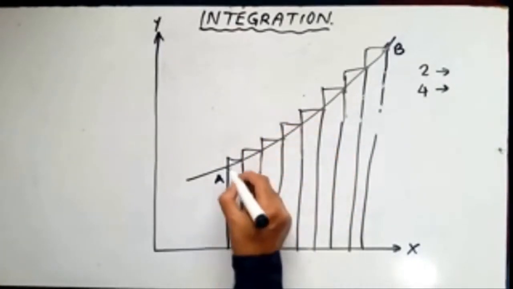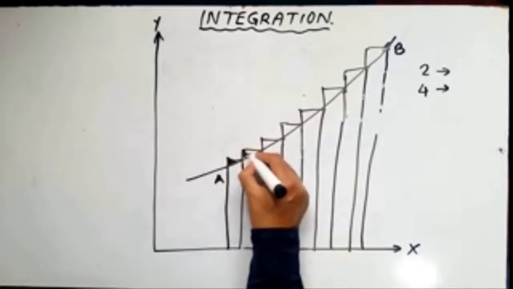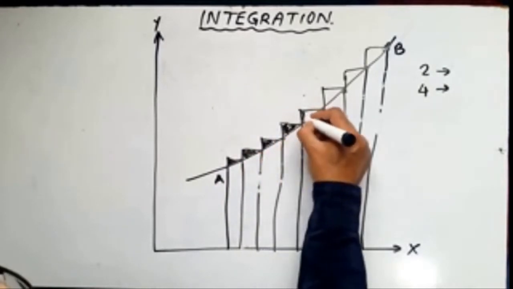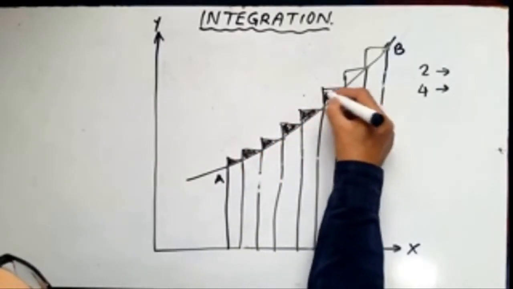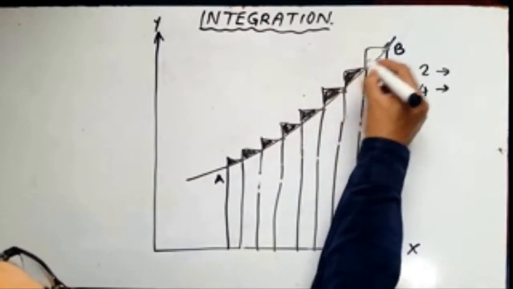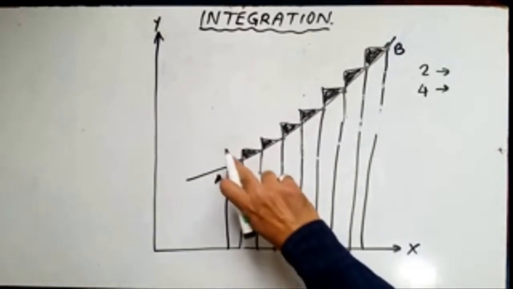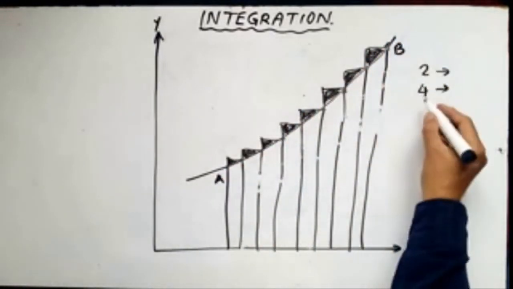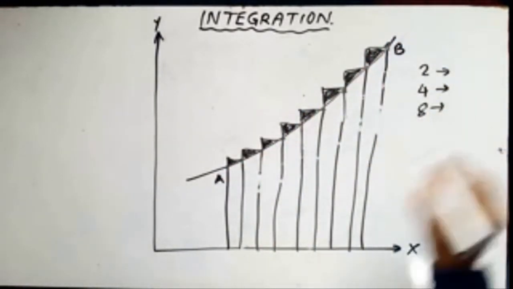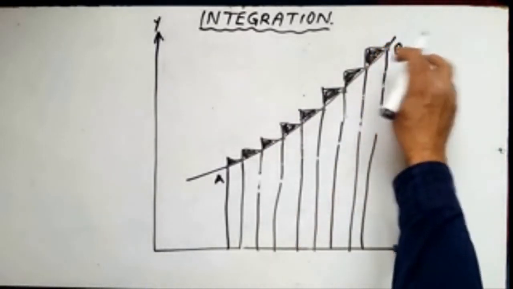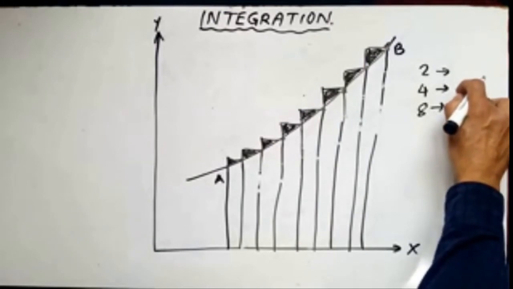Now you see again, this is the extra area. This is the area which is extra, right? So again, if you add up all these extra areas, you will find now that it is still less than the area that we had before.